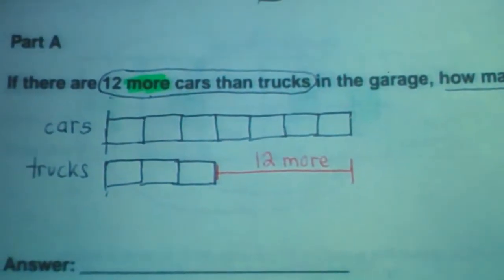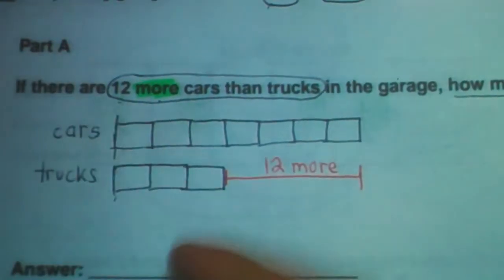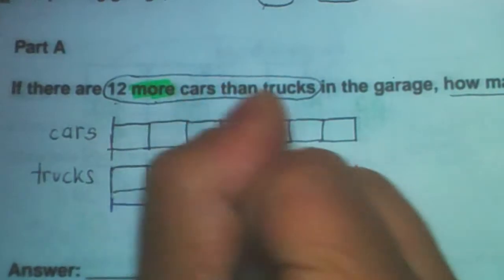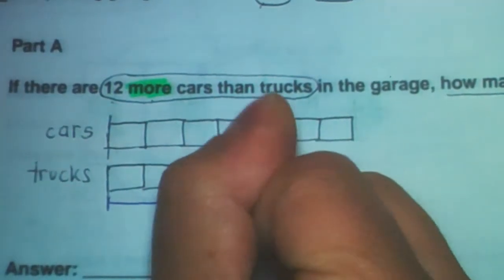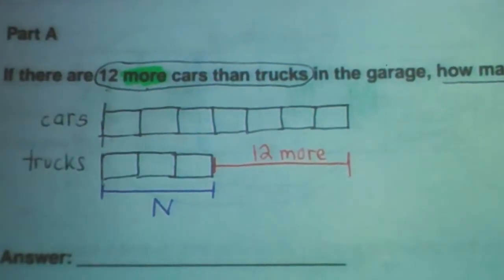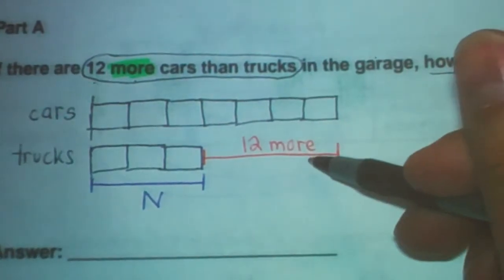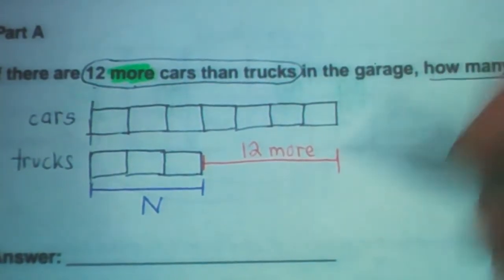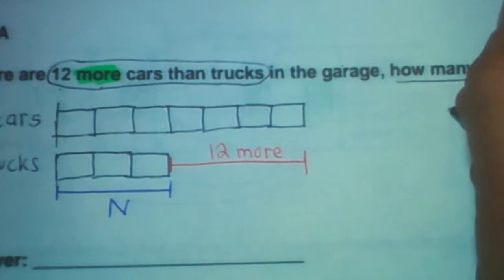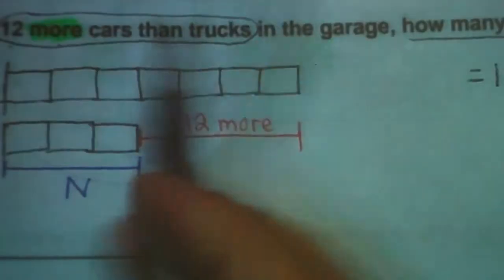Okay? And then the final thing, how many trucks are there? So we don't know how many trucks, so we're going to put our n right here. And here's the thing, some people made this tape diagram and still messed up the problem. Because you have to start with what you know and how many boxes it is worth. I know 12, but how many boxes is 12 worth? Well, just look at the bracket.